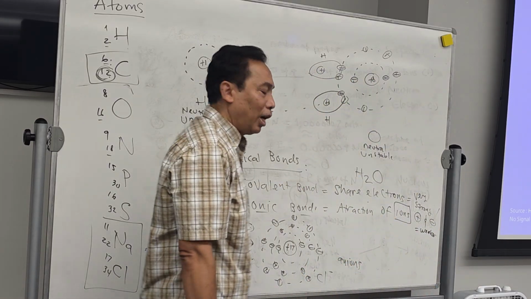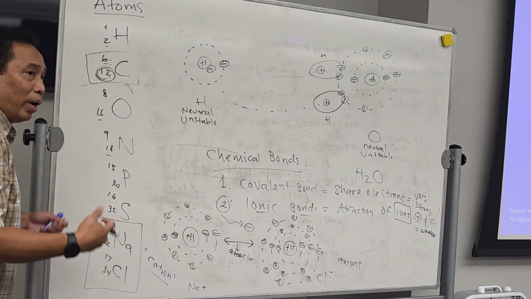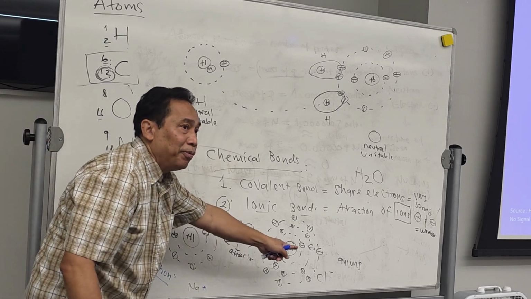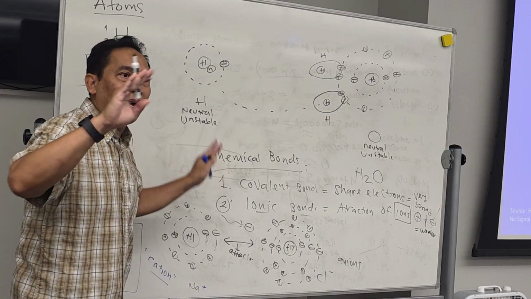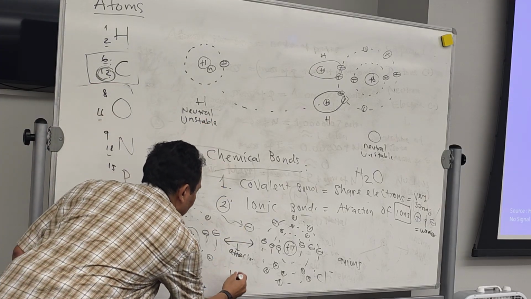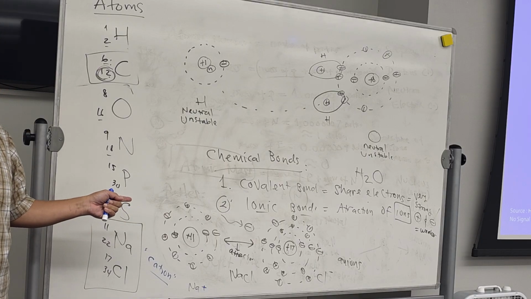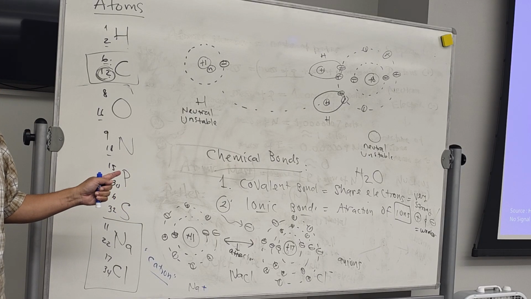Okay? Now, look at these two ions over here that attract one another. When they attract one another, because this is a positive one and a negative one, then the charge will also be gone. Because you have one positive, one negative. Now it becomes a molecule. You see that one? What do you call that molecule? Sodium chloride, which is salt.